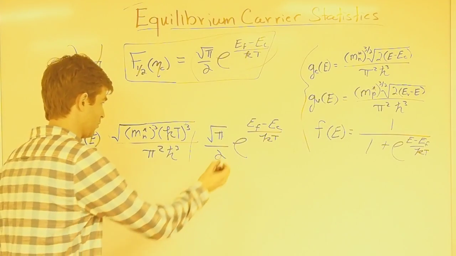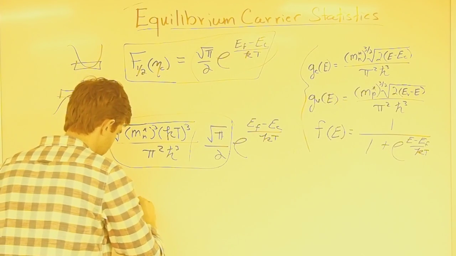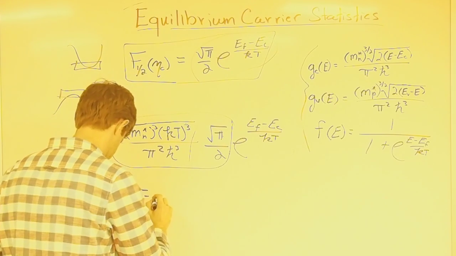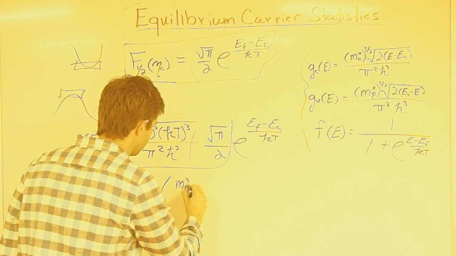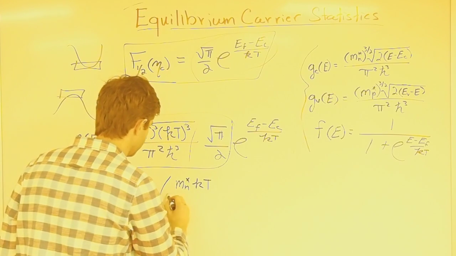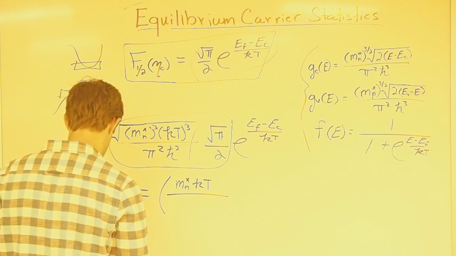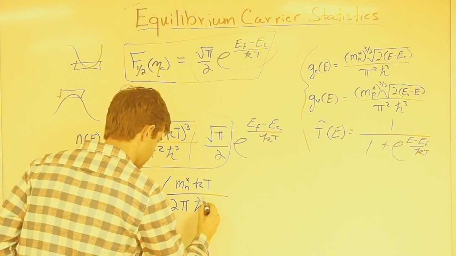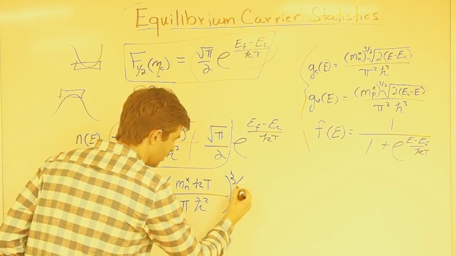And furthermore, we can rewrite this whole thing as N_C, which is equal to the square root of m_n star kT over 2 pi h bar squared, with the 2 out here, to the 3 over 2.